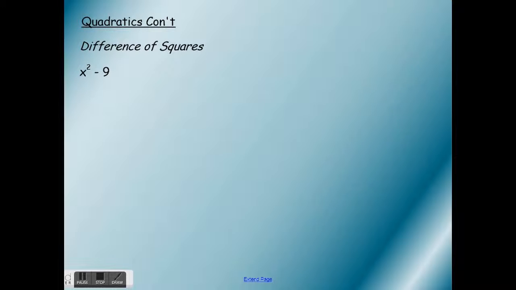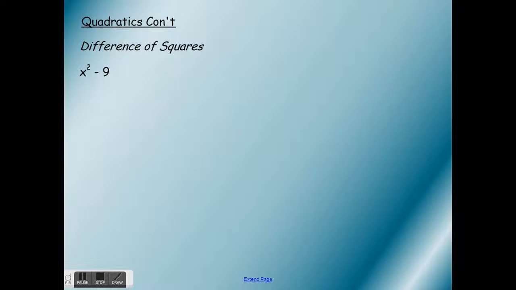So in this case, it is like x minus 3 in brackets, x plus 3? Yes. Wait, so we have to put it in the brackets? Factor it, yes. What do I do? X minus 9?